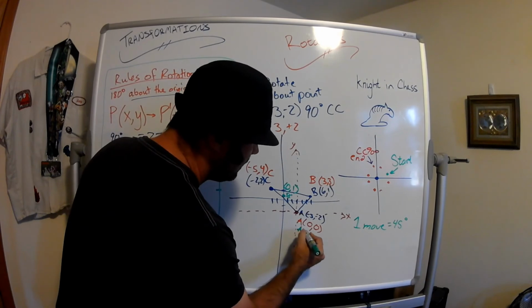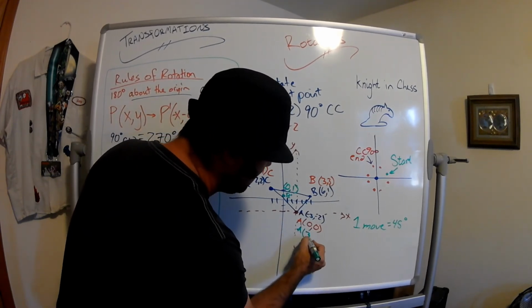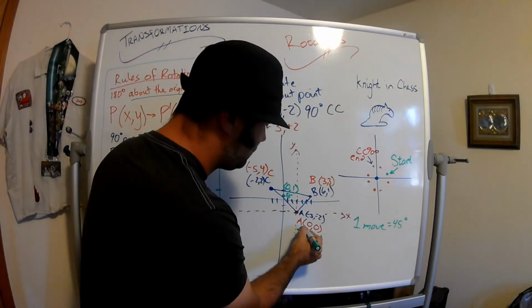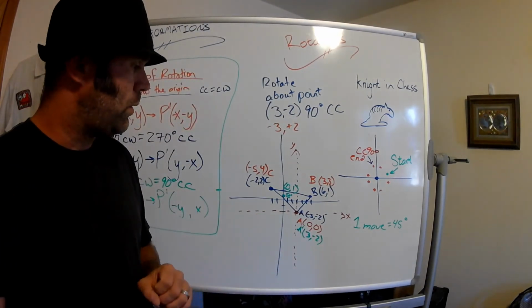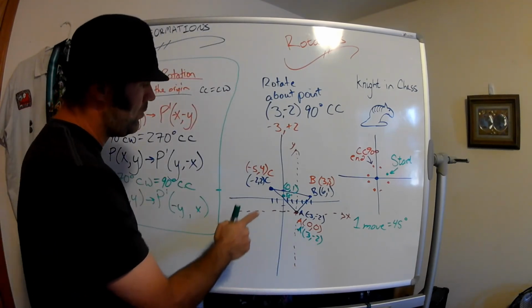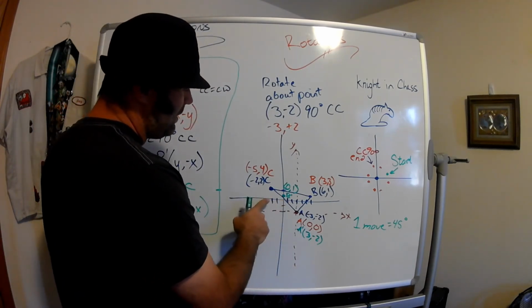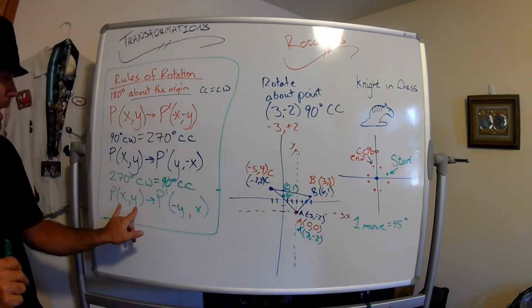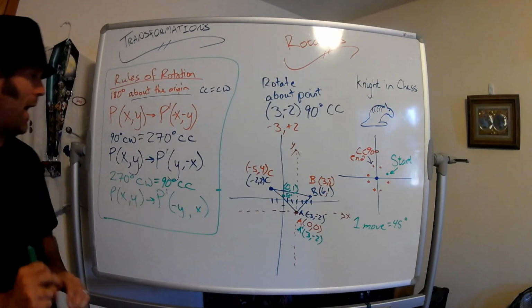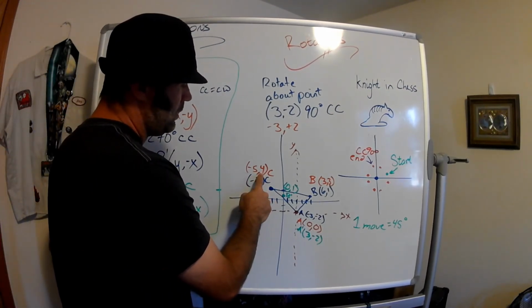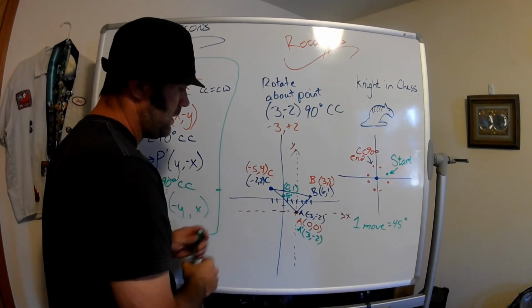A prime is actually (3, -2), because it's our original point. It never moved. Okay? And then C is our last one. And it is at (-5, 4). That's our new point. And (x, y) becomes (-y, x). So, (-4, -5).